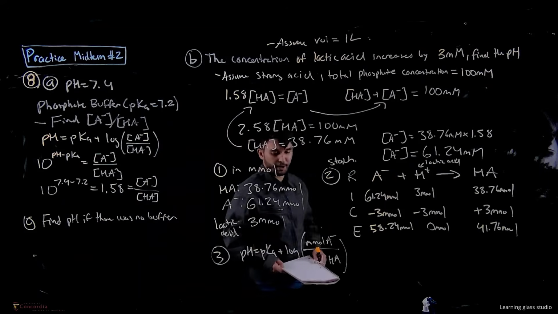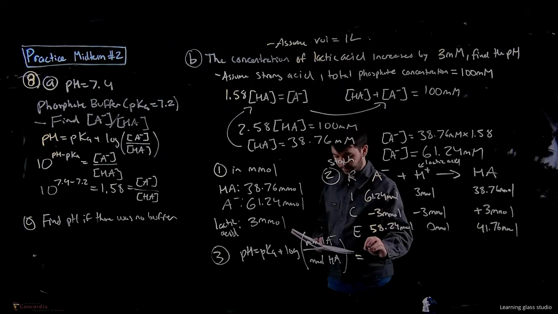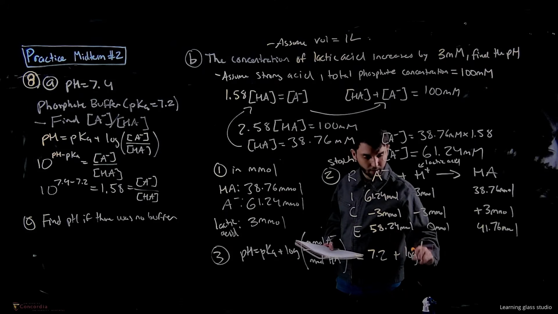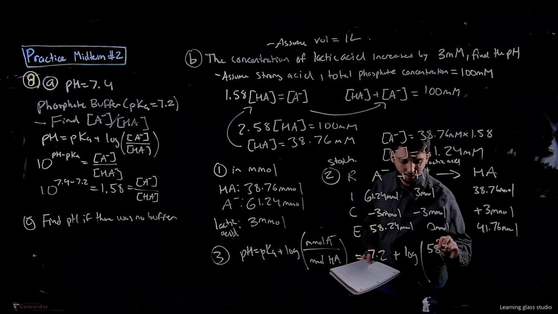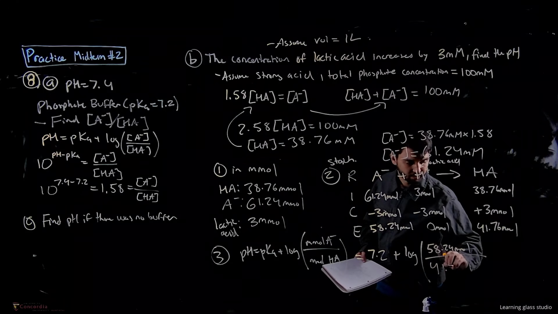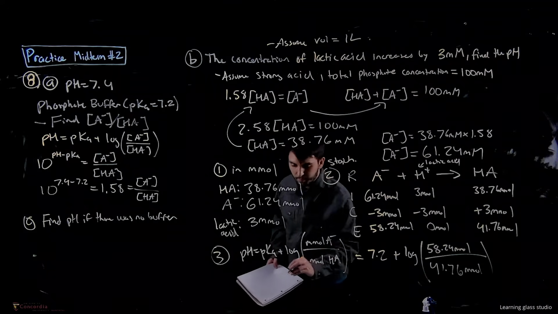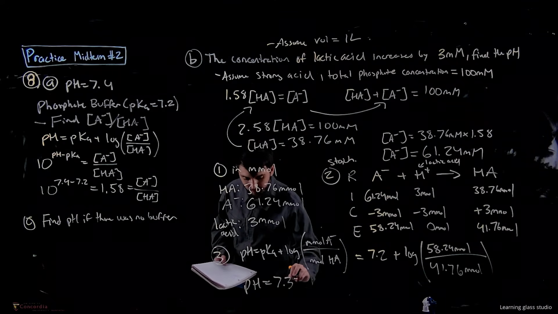So this makes this very easy for us. So pH is going to be equal to our pKa, so this is 7.2, plus the log of A-, 58.24 millimole, divided by 41.76 millimole. And what we get from this is that our pH is 7.37.